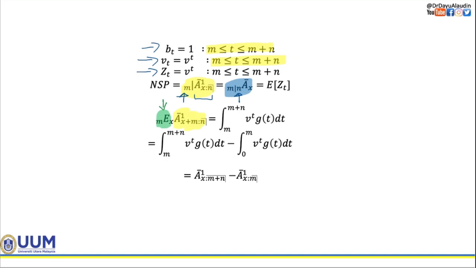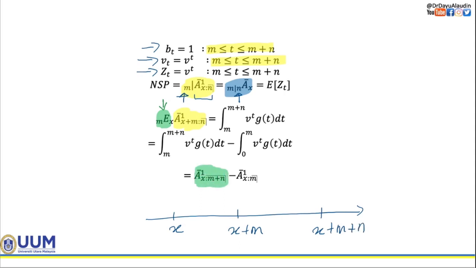If we draw the timeline: X, X plus M, and X plus M plus N. For this case, the term insurance is from X to X plus M plus N years, so the insured must die between X and X plus M plus N years.